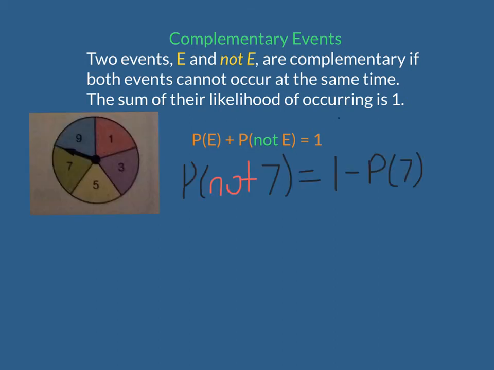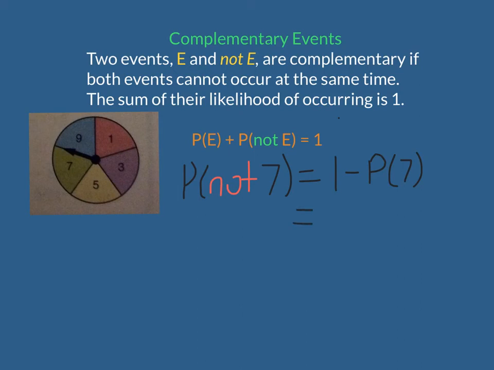Okay, I noticed there was an A after the 1 right here that wasn't supposed to be there, so I just took that off. So let's take a look at this formula. If we have the probability of not 7, that equals 1 minus the probability of 7. So now we just need to plug in the numbers.